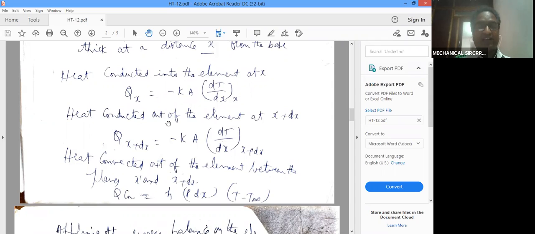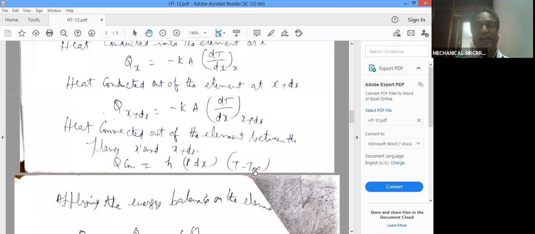If you know qx, from the Taylor series expansion already given, qx plus dx is equal to qx plus d by dx of qx into dx.